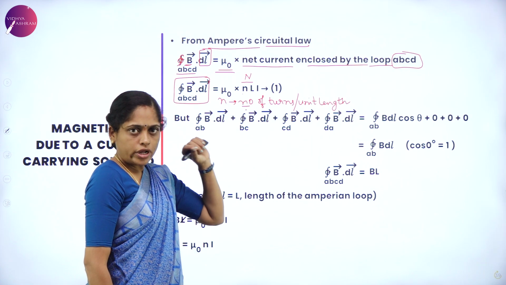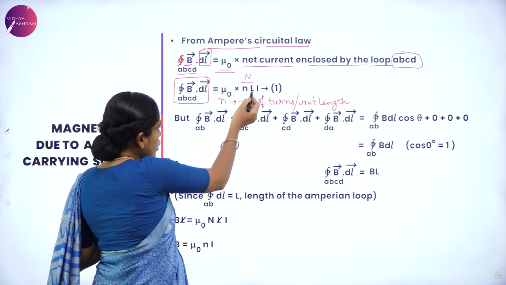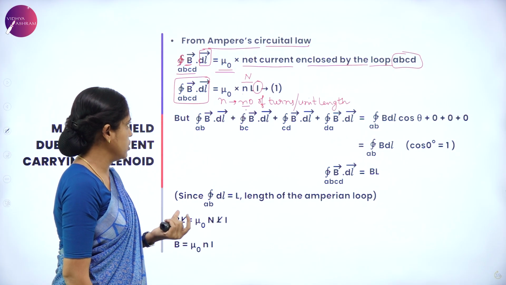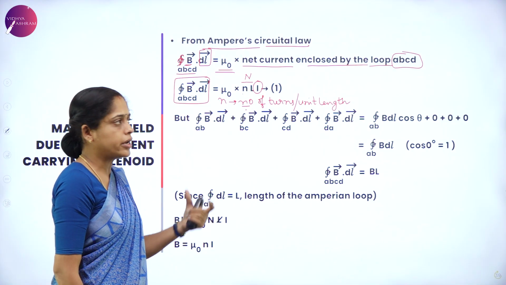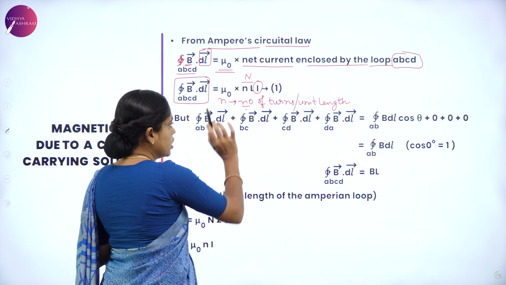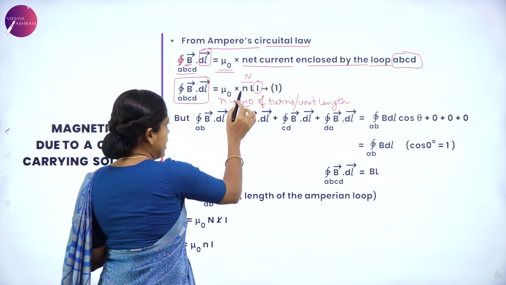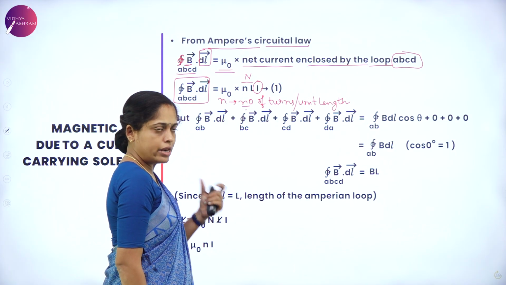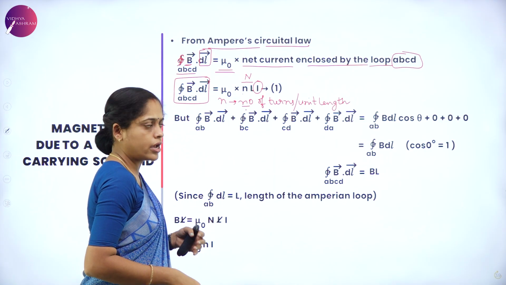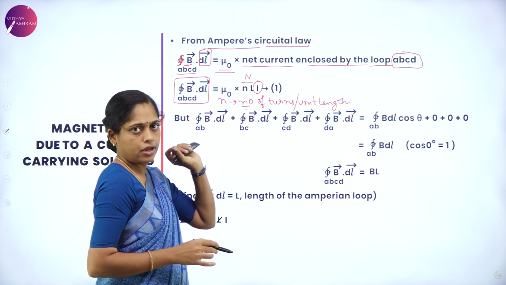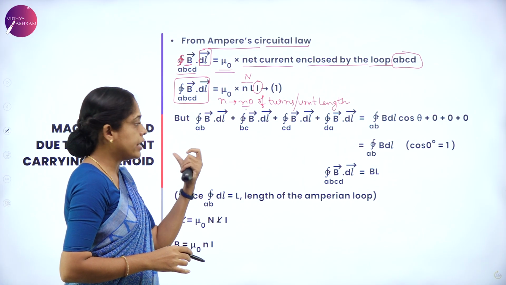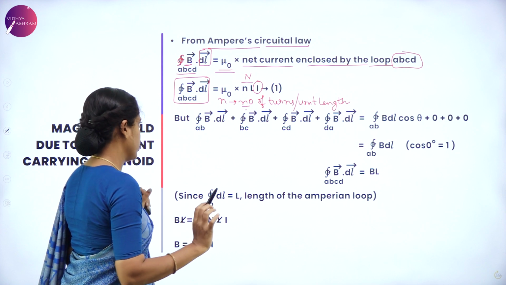Now, let the current in each turn be I. So what is the total current enclosed by the loop? The number of turns is nL, where small n represents the number of turns per unit length, and in each turn the current is I. So the total current is equal to nLI, where capital L is the total length.